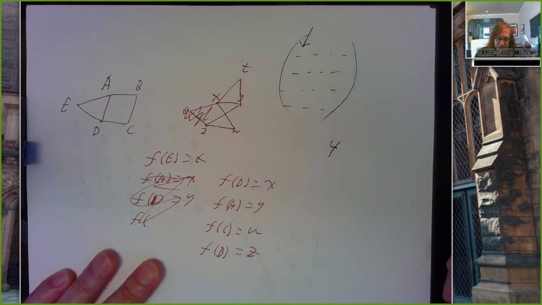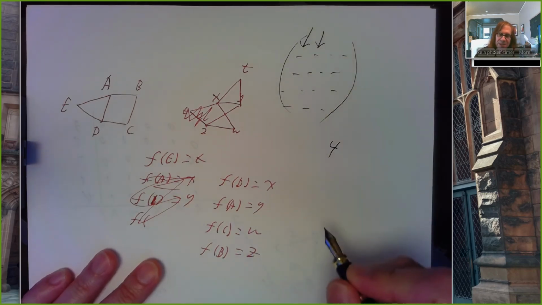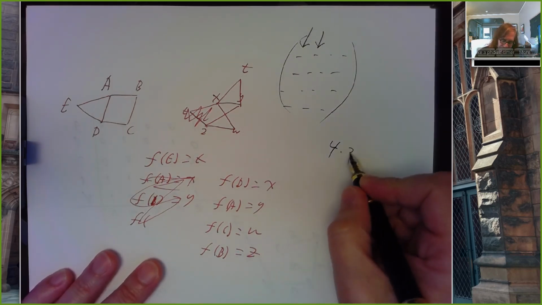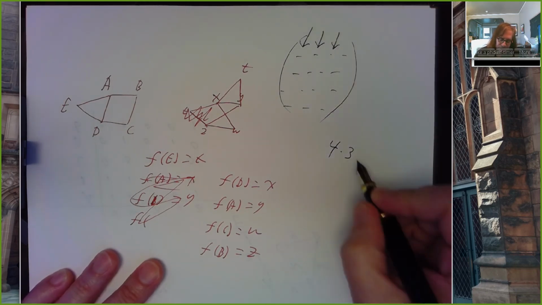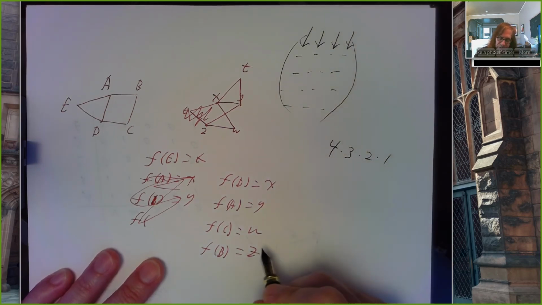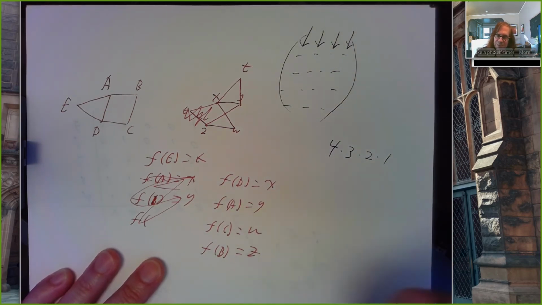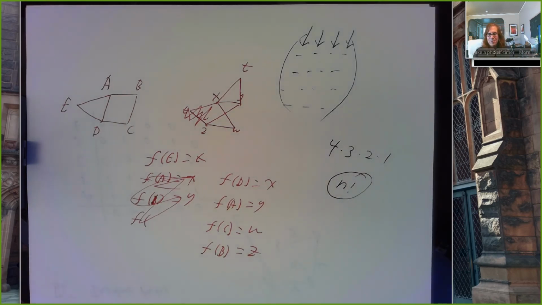So there's 4 ways to do that. And once I've done that, I can take the second column and I can choose to place it in one of 3 remaining columns. And this third column I can put in one of 2 remaining columns, and then this fourth column will have to go where it ends up. So for a graph with n vertices, I have n factorial possible rearrangements of that matrix.